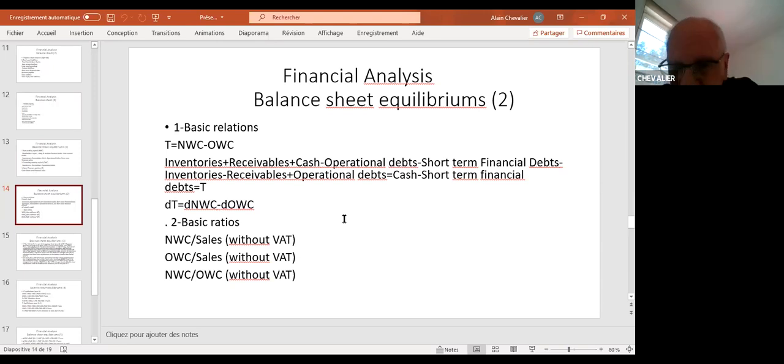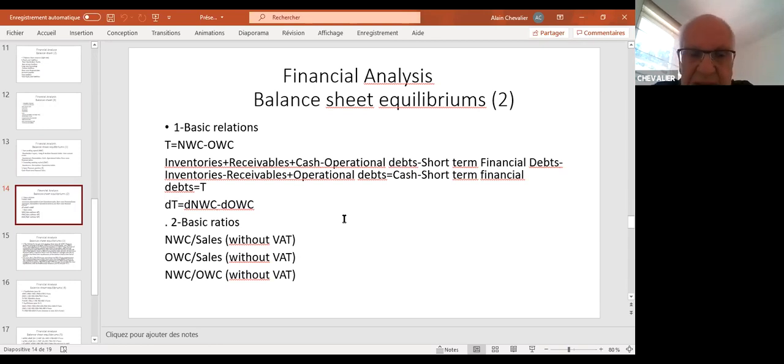So again, we have two principles here. The first one is to try to reduce the operating working capital on sales. Of course, if the ratio is equal to 0, it means there is no need for more financial resources and the problem is solved. Same if it is negative. If it is 0 plus, it's easy to finance generally by short-term financial debt.